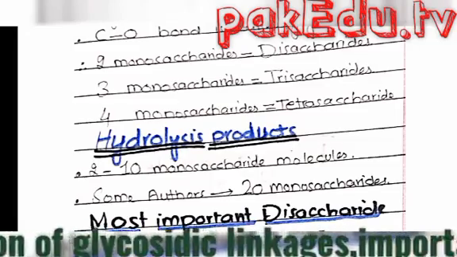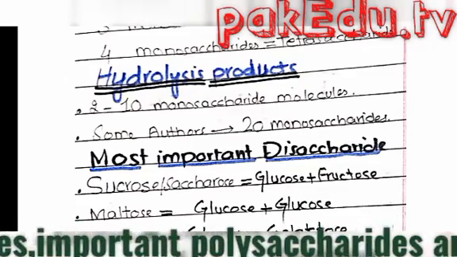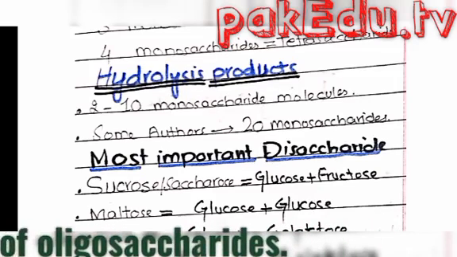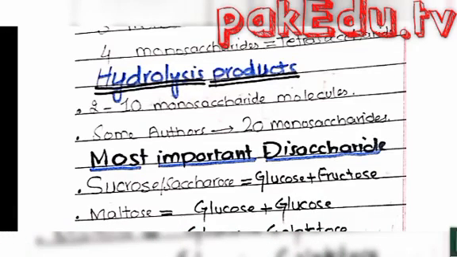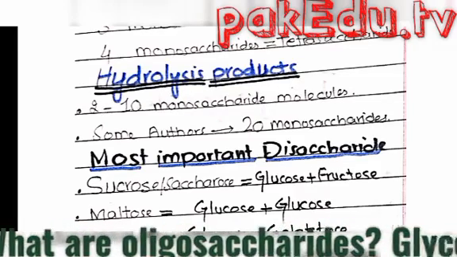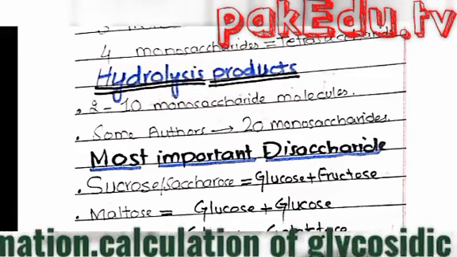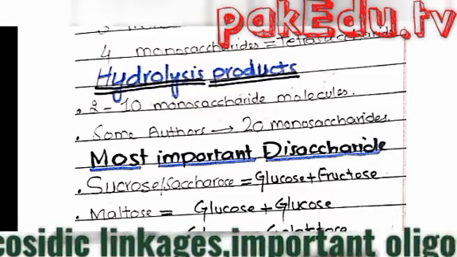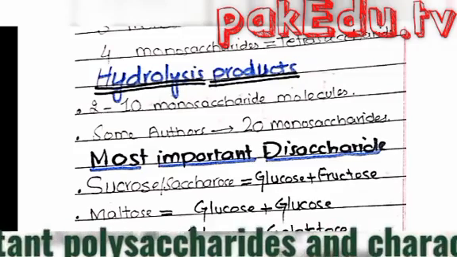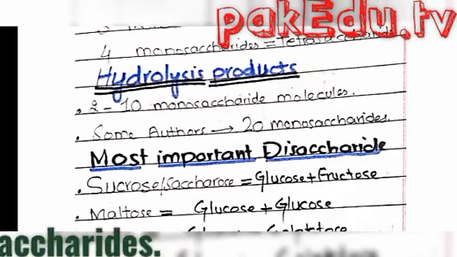If we want to calculate the number of water molecules released during this process, it will be one less than the number of monosaccharides that react with each other. I mean to say that if 20 monosaccharide molecules combine to form an oligosaccharide, then 19 glycosidic linkages will be formed and 19 water molecules will be released.